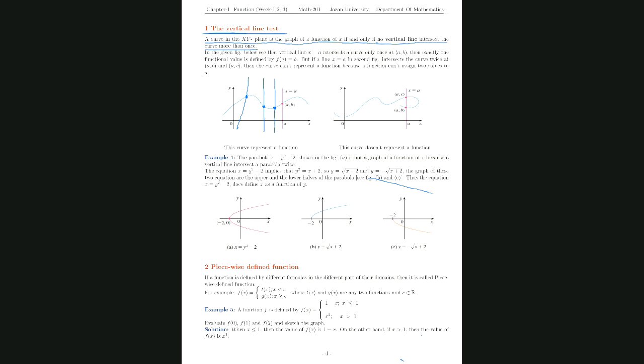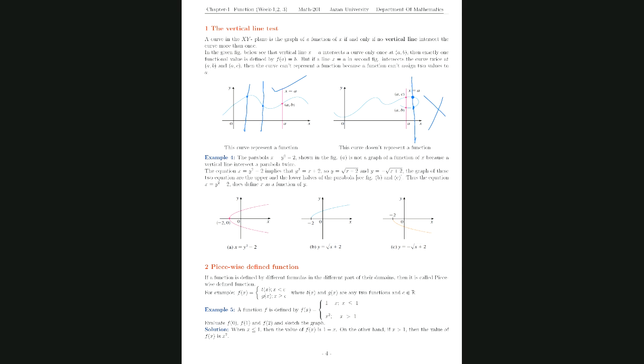Now look here, this graph: every vertical line cuts at one point. But what about this one? Here this vertical line cuts the graph at 2 points, so this is not a function.